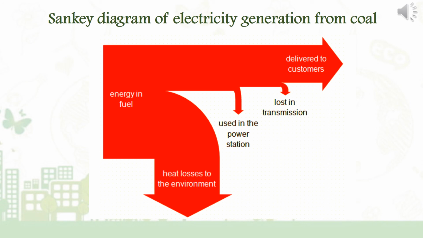You can see here the total energy, that means the total width of the arrow, is given at the beginning. You can see heat losses to the environment while it is converting to heat energy by heating the coal.